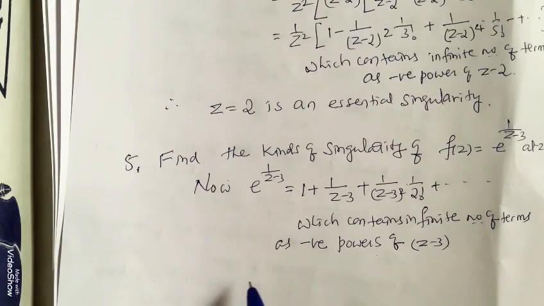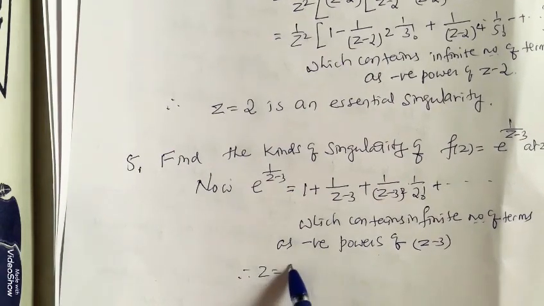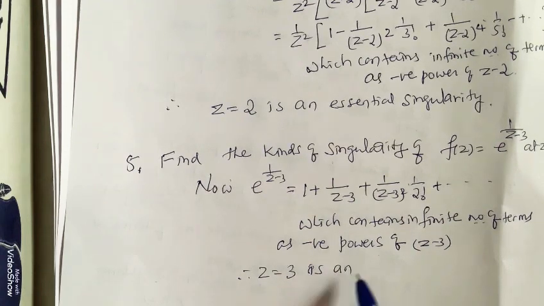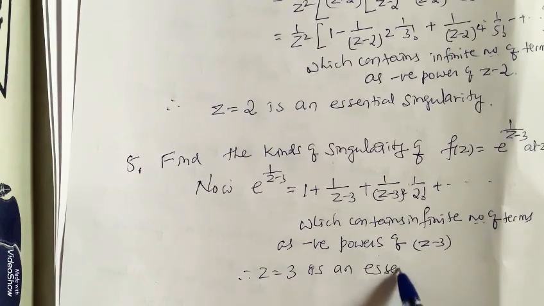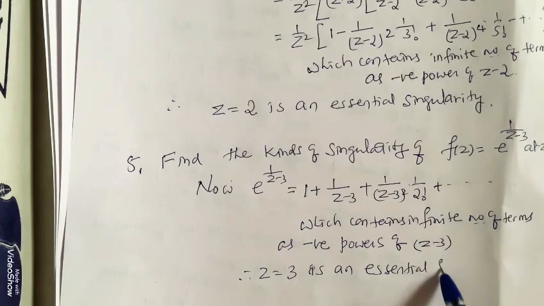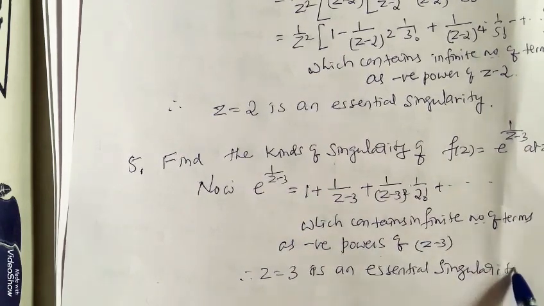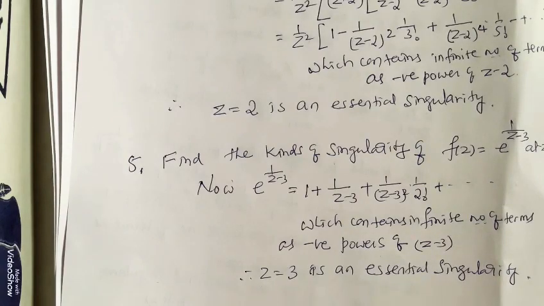Therefore, you can say that z is equal to 3 is an essential singularity. For an essential singularity, you do not have an order.